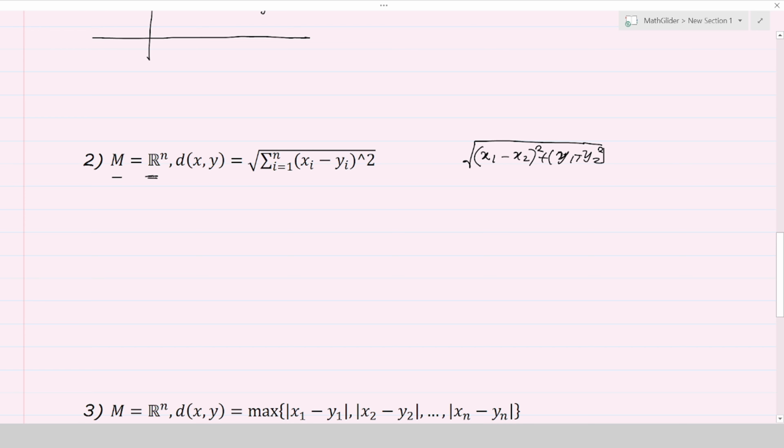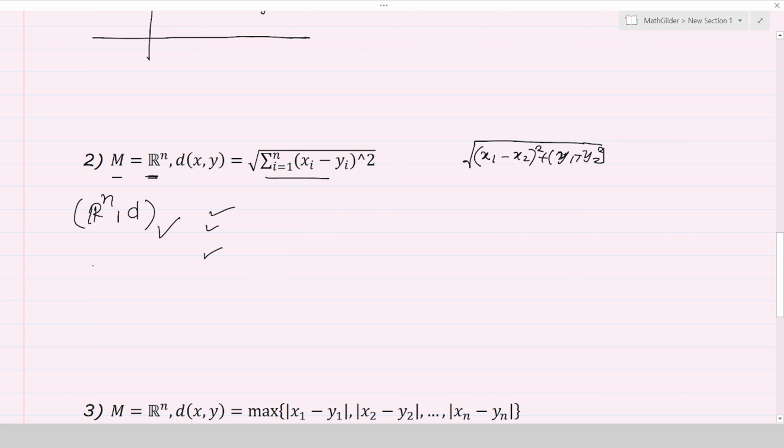This can be anything: R3, R4, R5. Here also you can see it will satisfy the positivity property, the symmetry property, and the triangle inequality will also be true. So Rn with this Euclidean metric is also a metric space.